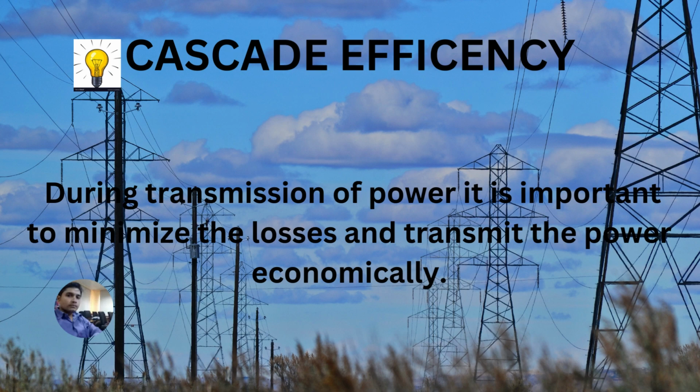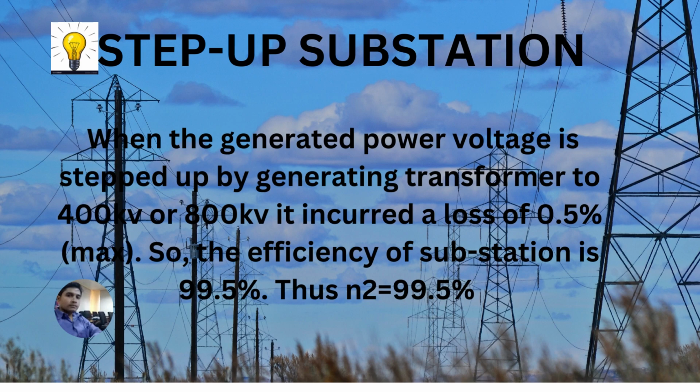Step up substation. When the generated power voltage is stepped up by a generating transformer to a voltage of 400 kV or 800 kV, some losses occur due to the transformation of power.